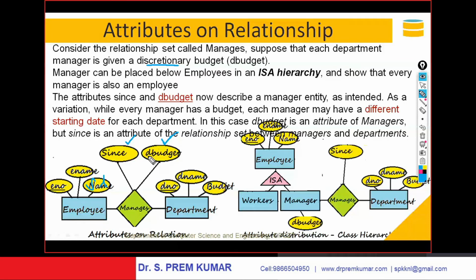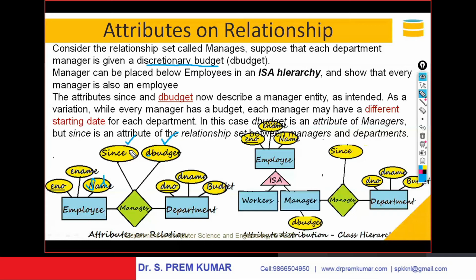They are asked to spend that from so and so date. From 1st January 2020 onwards, you start spending that. Or 1st January 2019 onwards, you need to spend this budget.